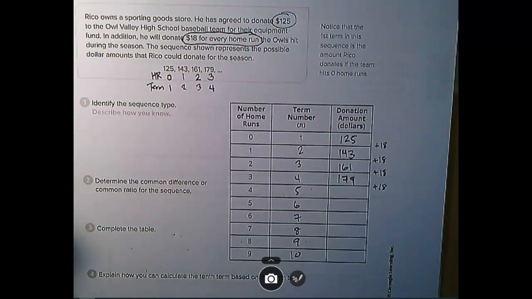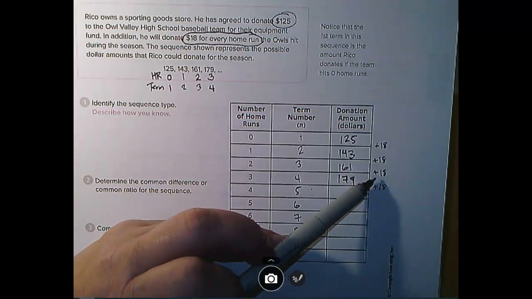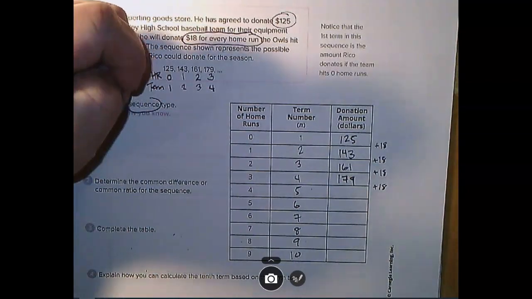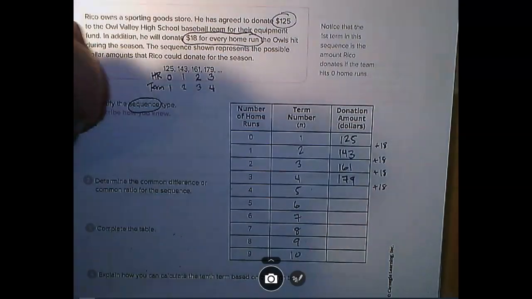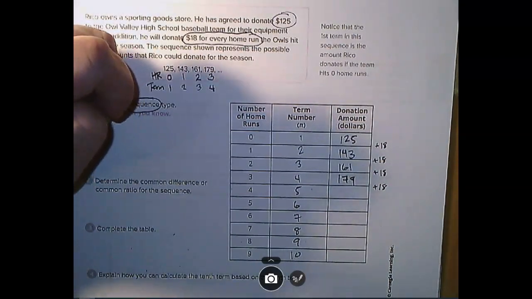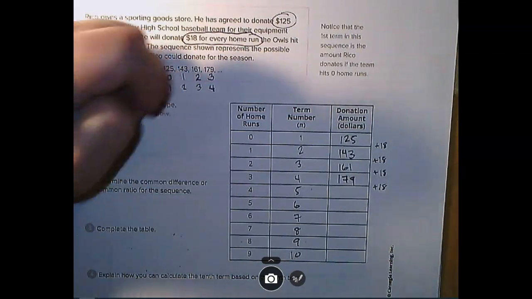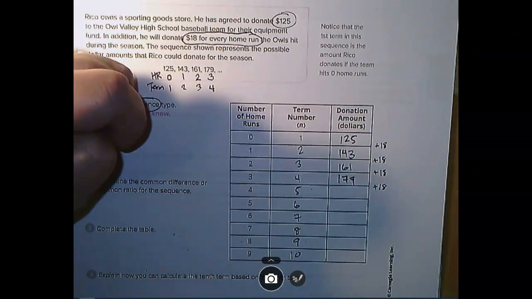So, based on the fact that we're adding 18, you should know what kind of a sequence this is. Your choices are, is this arithmetic or is it geometric?